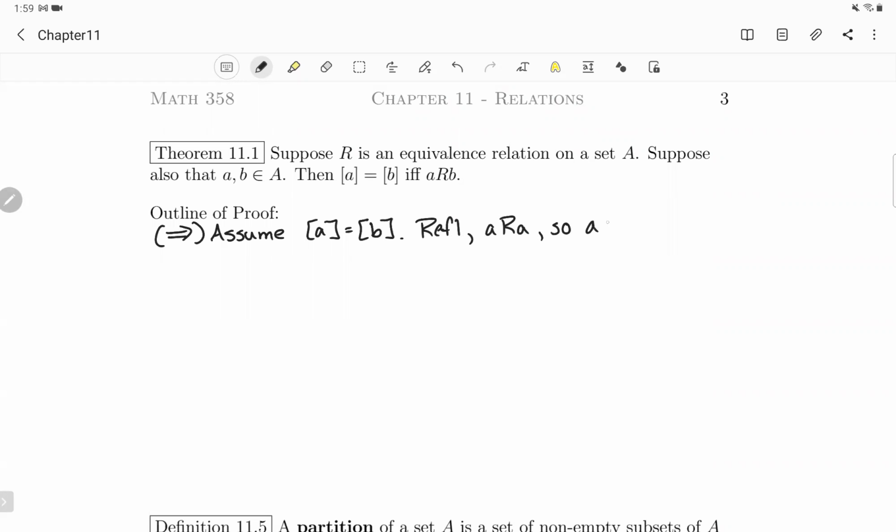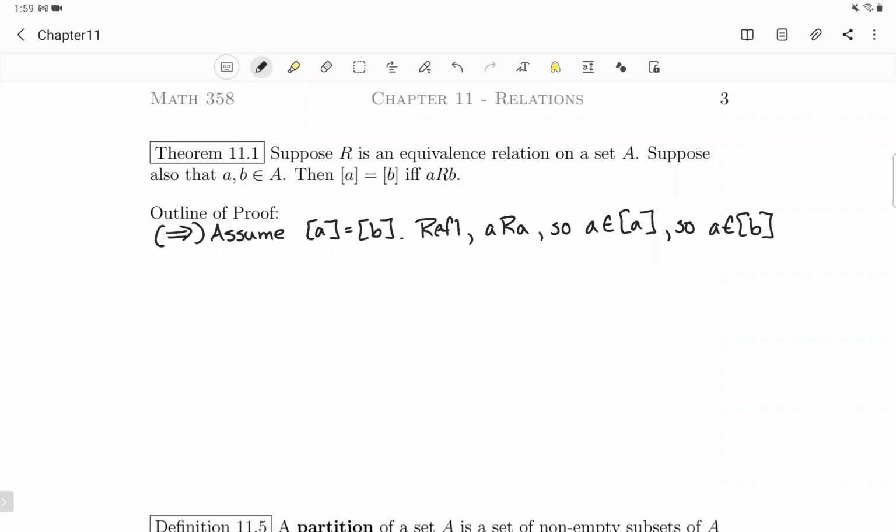So A is an element of its own equivalence class. Yep. So, but what did we assume at the beginning? The classes are equal. So A is in the equivalence class of B. But what does that mean?